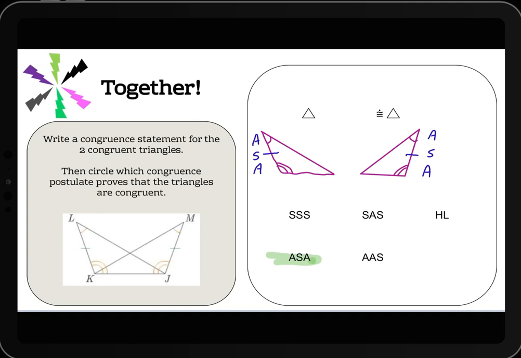Now, having said that, it is also important to recognize that indeed it is true that you have other justifications that you can use as well, right? You're going to find that that's actually very, very true. For example, you'll notice they both share this side length down here at the bottom, and I did point out in the previous video that oftentimes we want to reference that anytime there's a side that is shared, that is automatically congruent to itself.